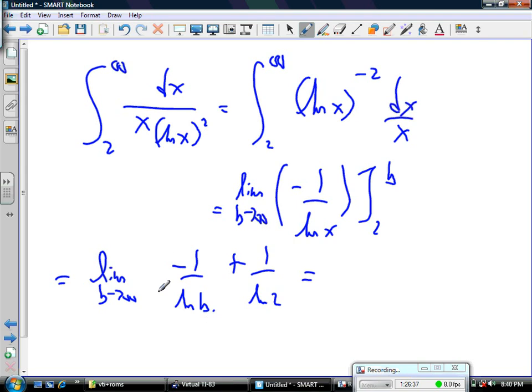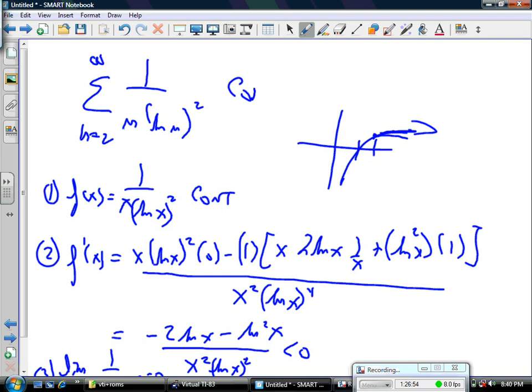Isn't this bottom heavy? This limit is 0, so the whole thing goes to what? 1 over ln 2. This is 0, so that's left. Okay? So this limit exists. It exists, therefore this converges by the integral test.